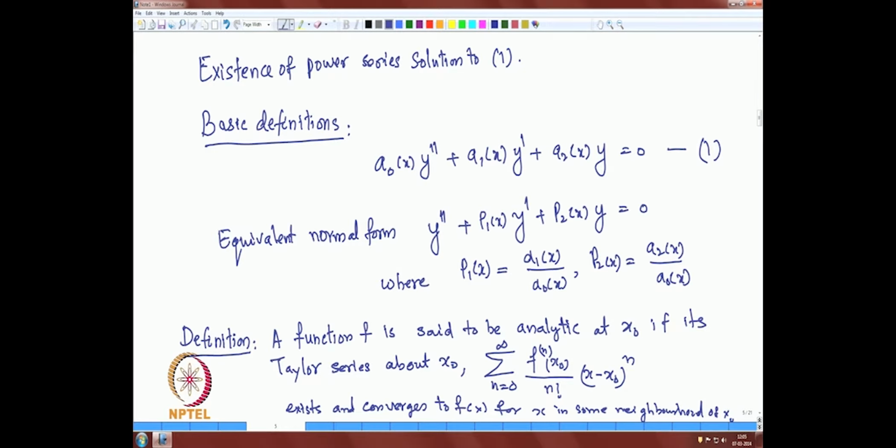So, in some neighborhood, or in this case some interval, containing x0. So, in this case we say that a function is analytic.